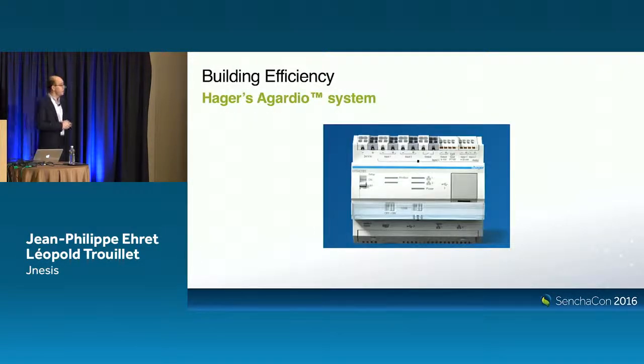If you are used to that kind of domain, you probably know that there are other companies that supply that kind of products. But Hager really wants to put forward the idea of having that kind of product with a very simple installation and configuration, and that was one of our requirements.